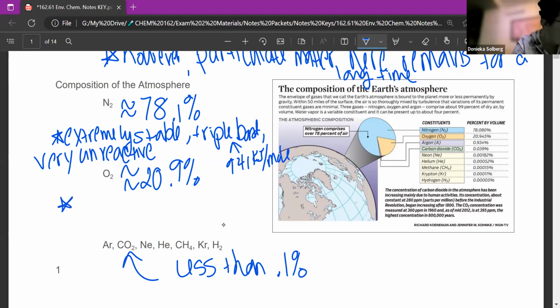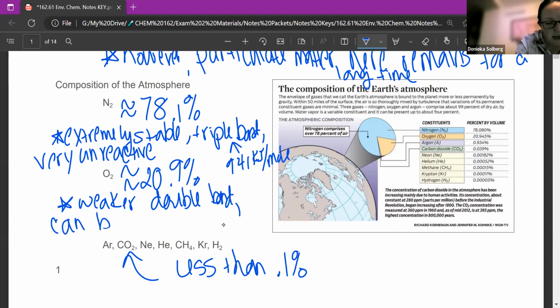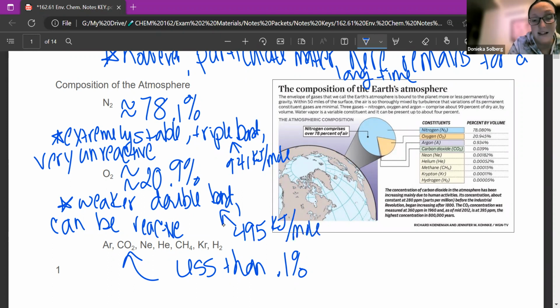So this is fairly stable, but it is a little bit weaker, so it can be reactive. When I say it's a little bit weaker, instead of 941 kilojoules per mole, this one is roughly 495 kilojoules per mole. So it doesn't take as much energy to break the oxygen bond, which is why we see more reactions with oxygen coming up.